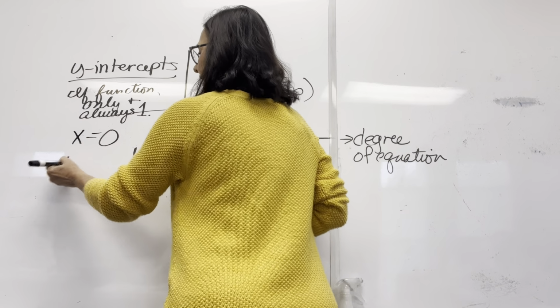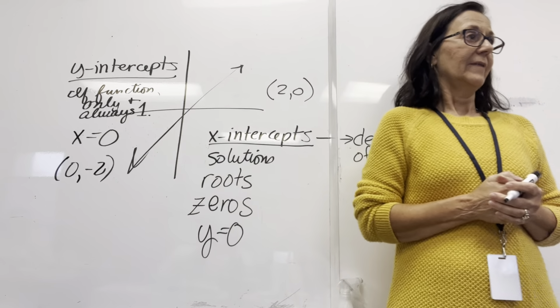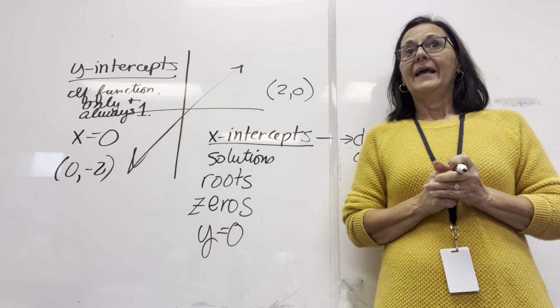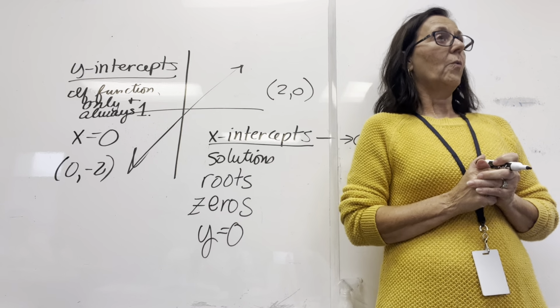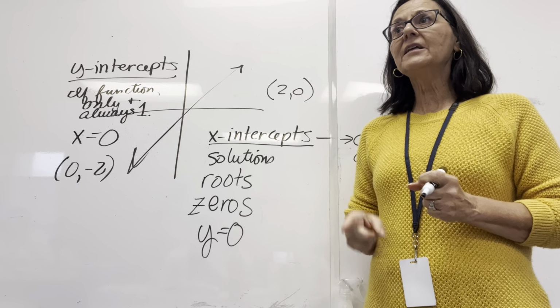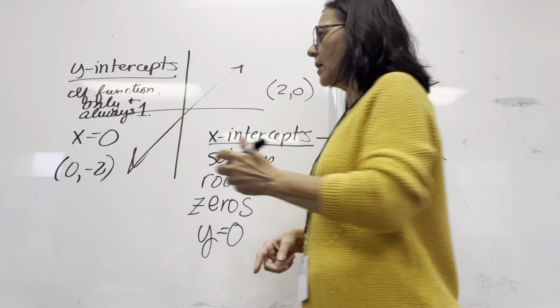So if I gave you an ordered pair like that, then you would know that that is the y-intercept. The y-intercept is always the constant value in an equation.